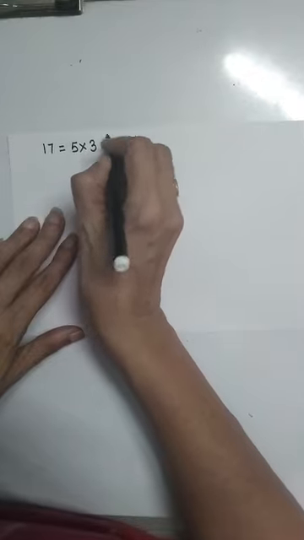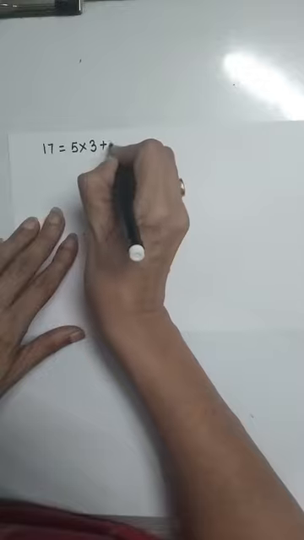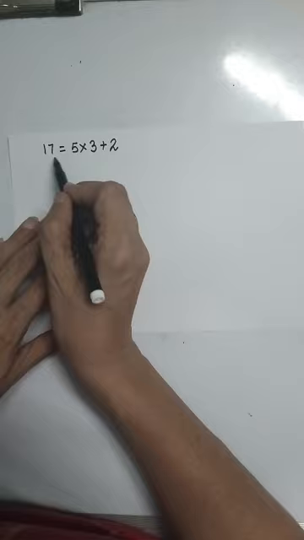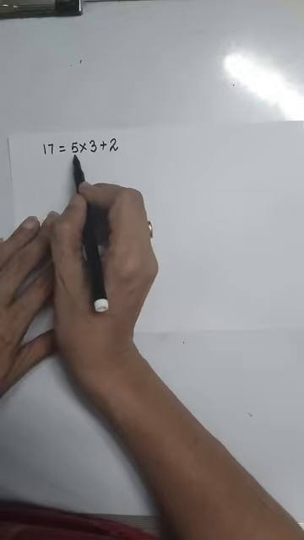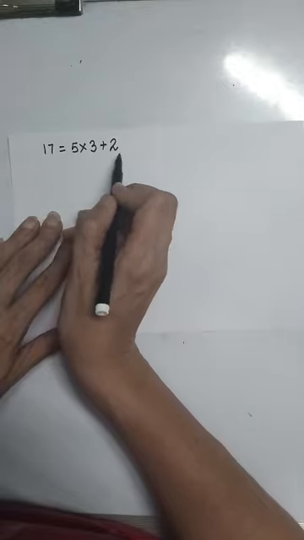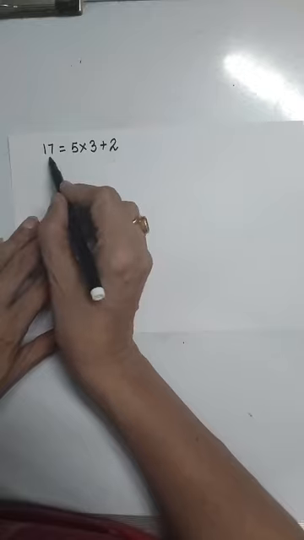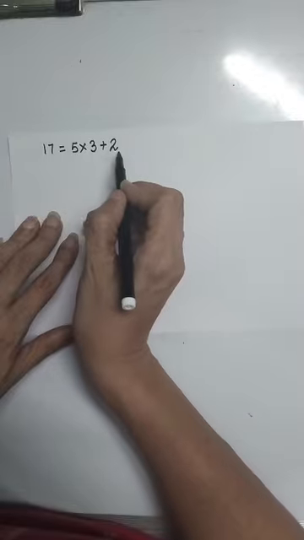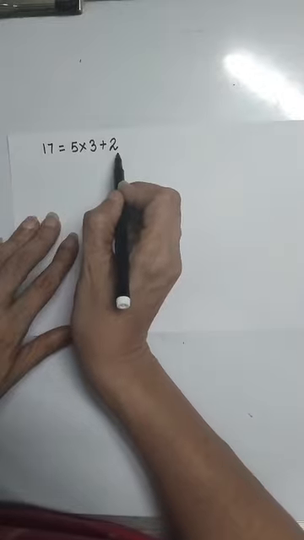So 5 3s are 15 plus the remainder left is 2. So we have written it in the form of dividend is equal to divisor multiplied by quotient plus remainder. 17 is a dividend, 5 is a divisor, 3 is a quotient and 2 is remainder.